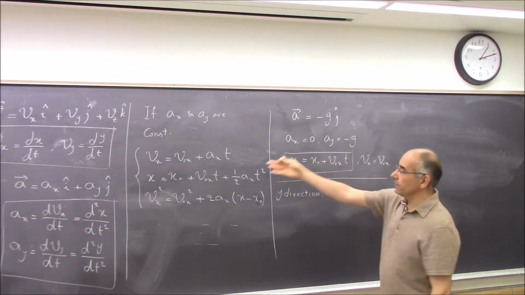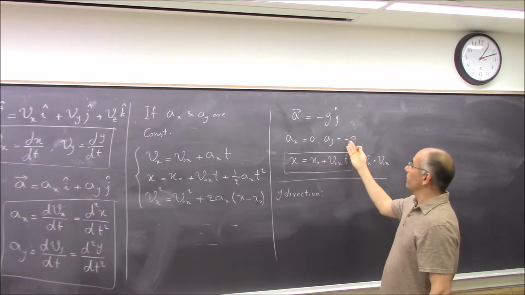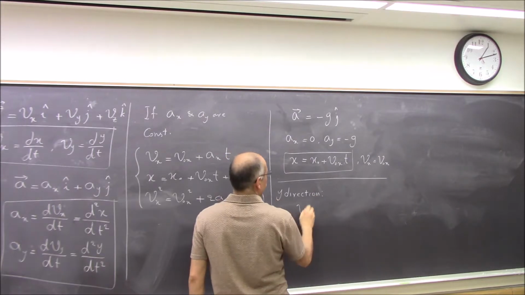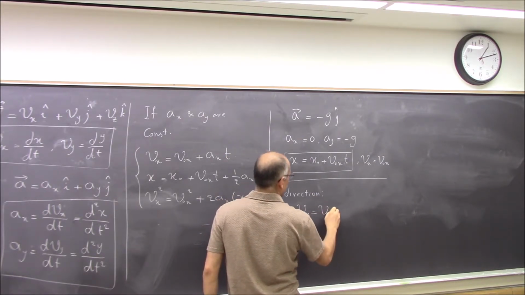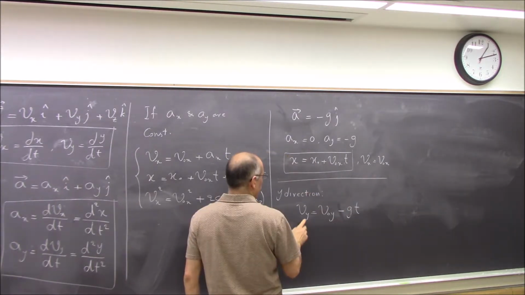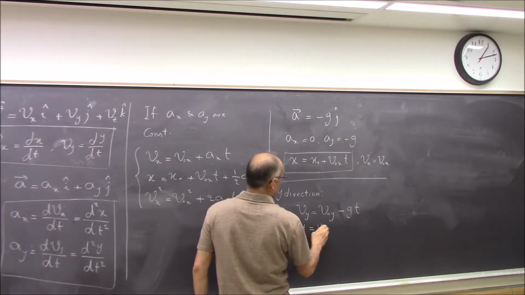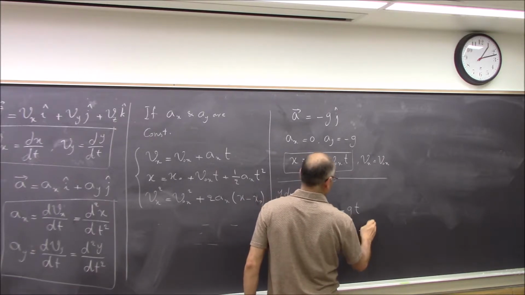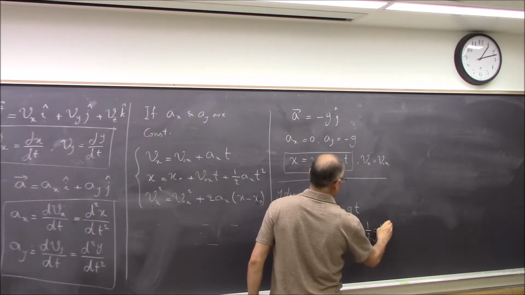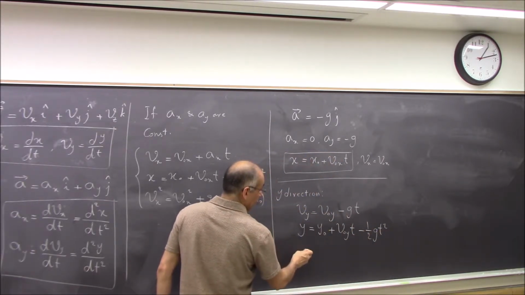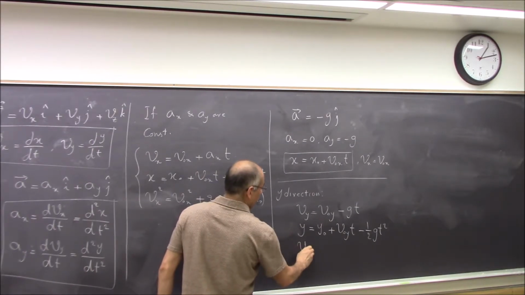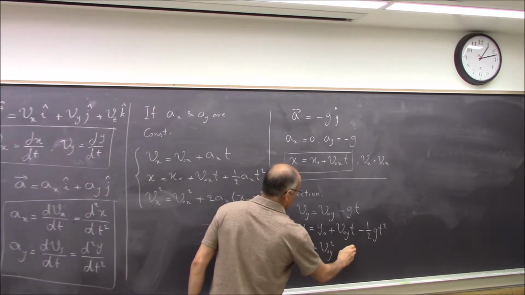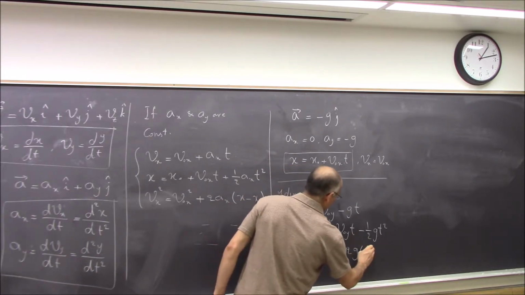we have all these equations for y with acceleration replaced by negative g. So we have vy equal to v naught y minus gt, y equal to y naught plus v naught y t minus 1/2 gt squared, and we have vy squared equal to v naught y squared minus 2g delta y.